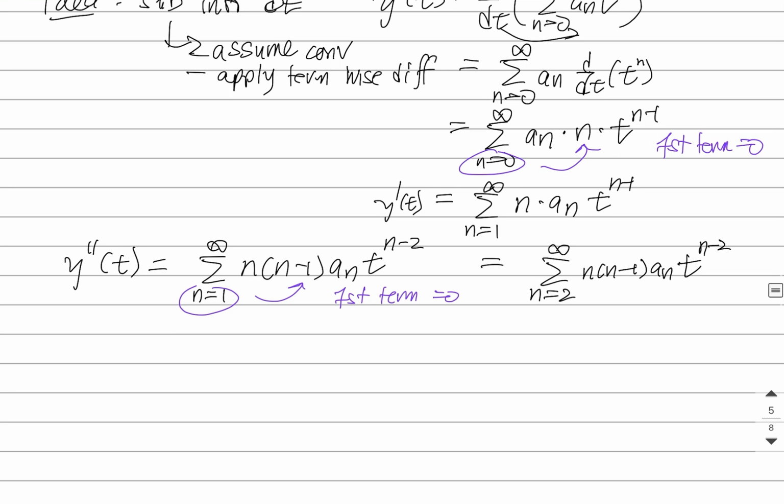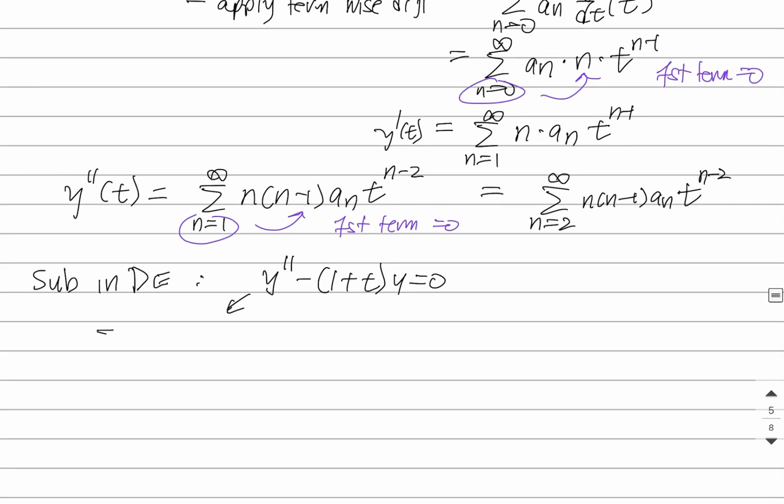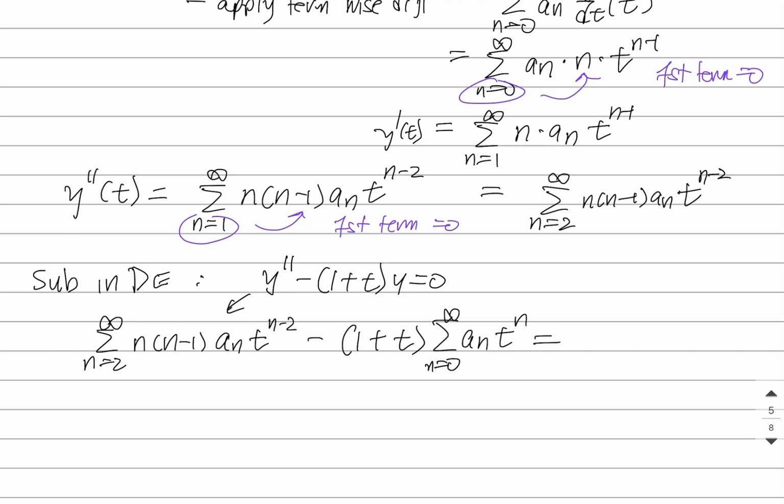That means we've got to plug all of this stuff back into the DE. So the DE is y double prime minus (1 plus t) y equals 0. So we're going to have this expression for the second derivative: the sum from n equals 2 to infinity of n times (n minus 1) a_n t^(n-2), minus (1 plus t) times this power series, starting n equals 0 to infinity here.